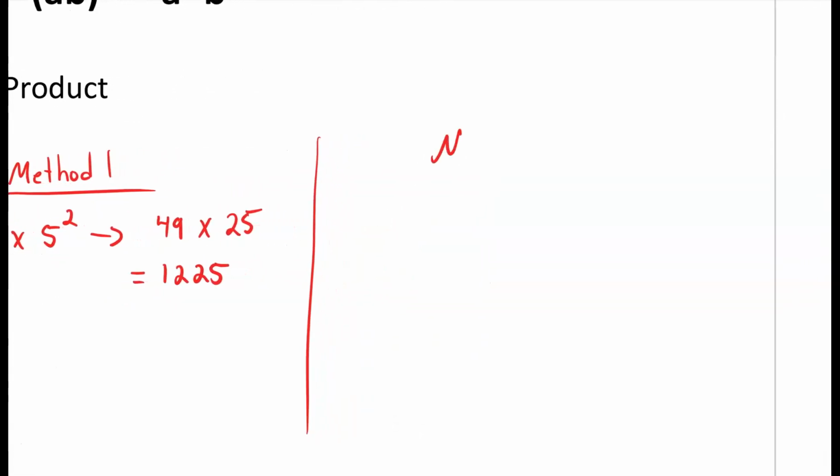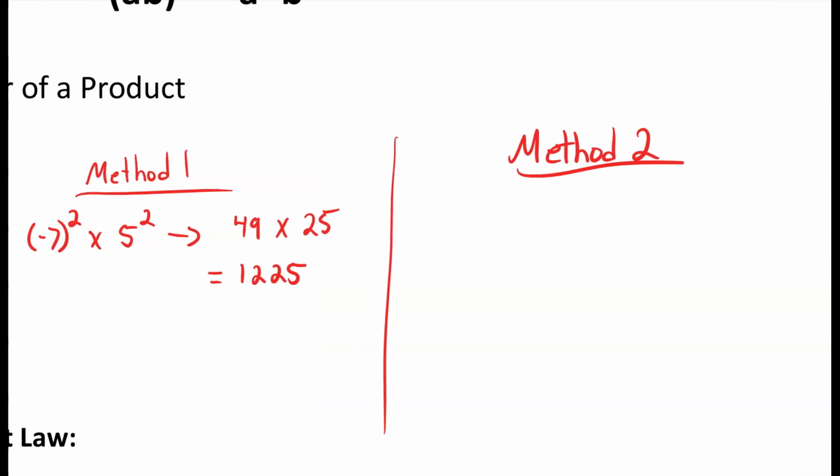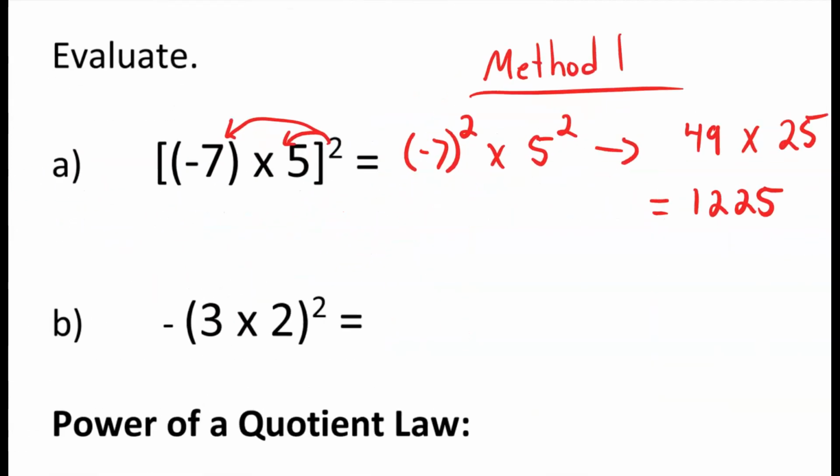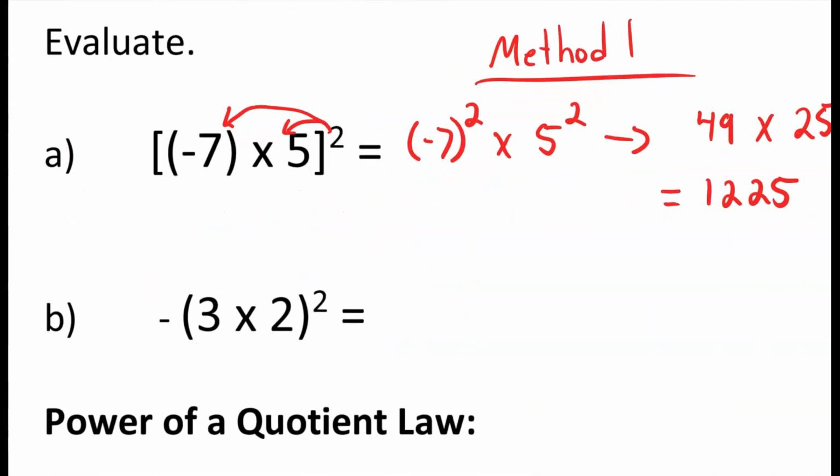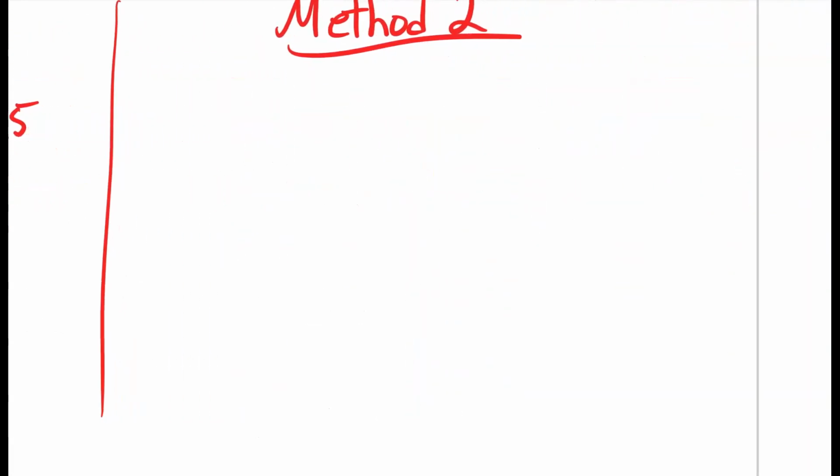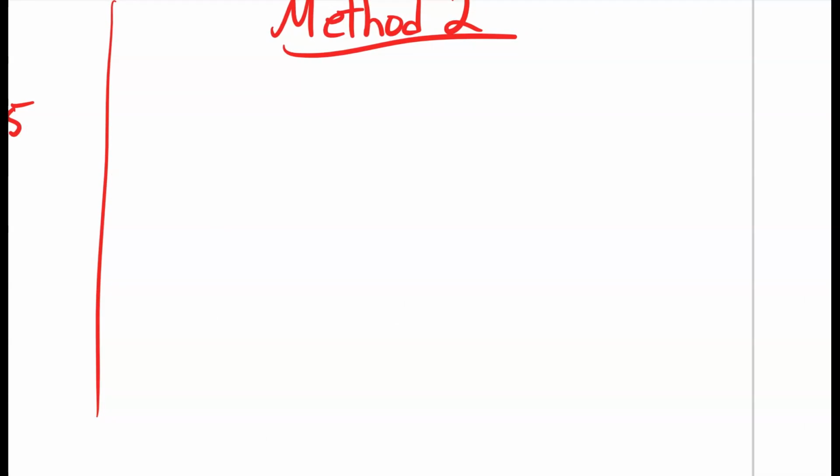For method 2, you first look at, we have -7 multiplied by 5. So we solve for that first. -7 multiplied by 5 gives you -35.